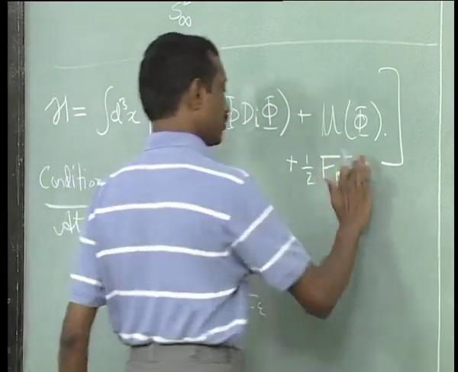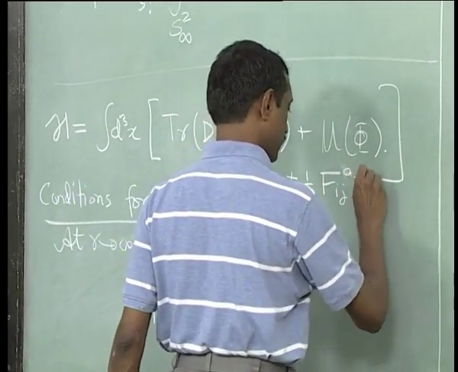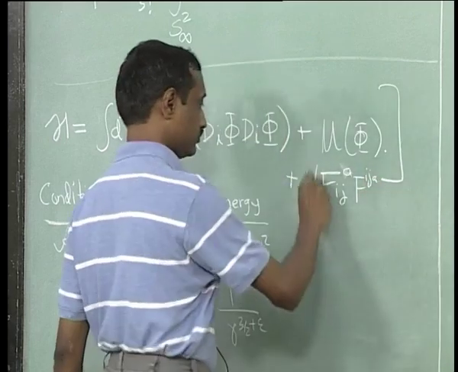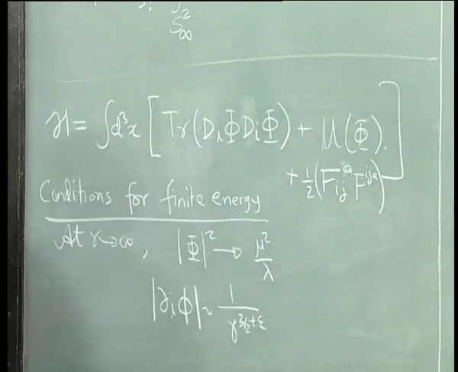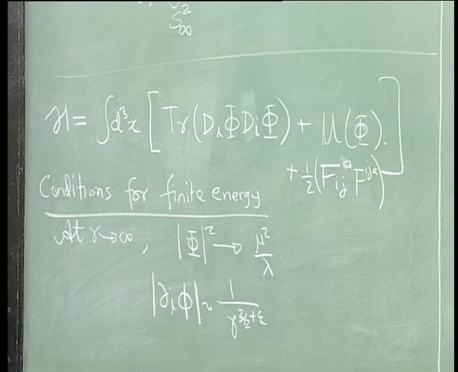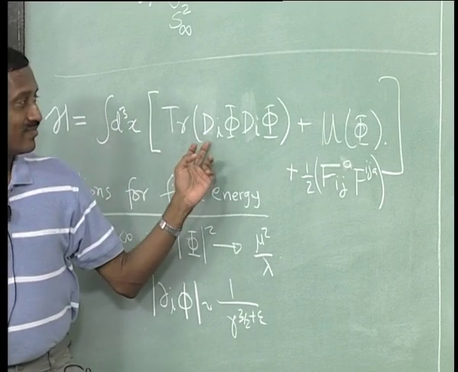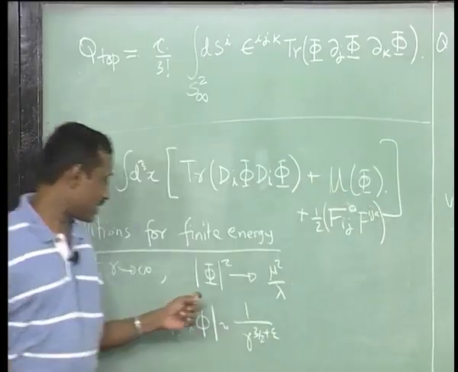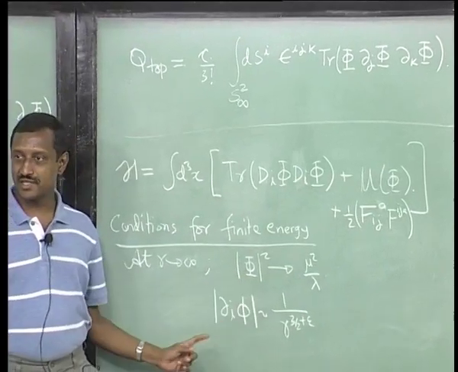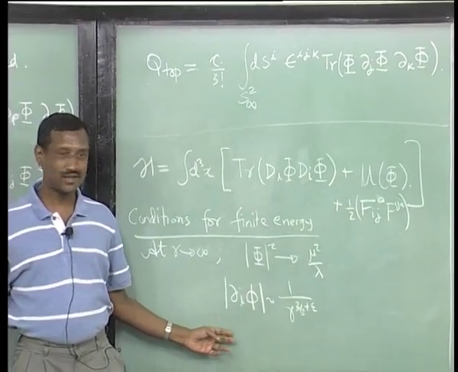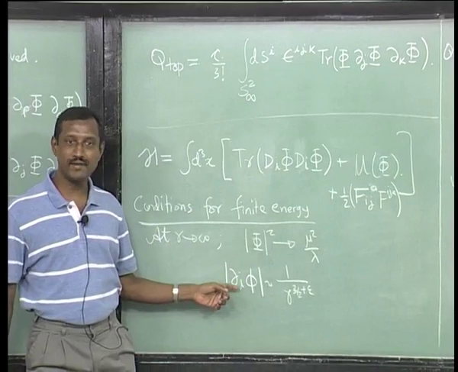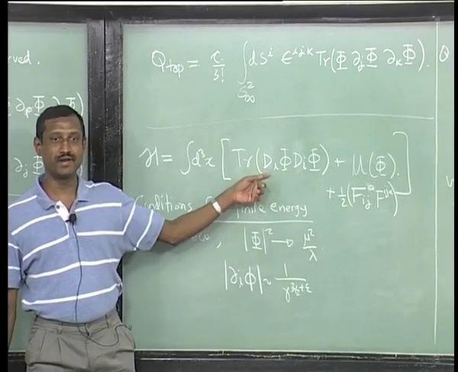Oh, it is non-abelian, so I should be careful and write it like this. Now you look at this, U of phi, the requirement is exactly like this, but the change is that the ordinary derivative got replaced by the covariant derivative.